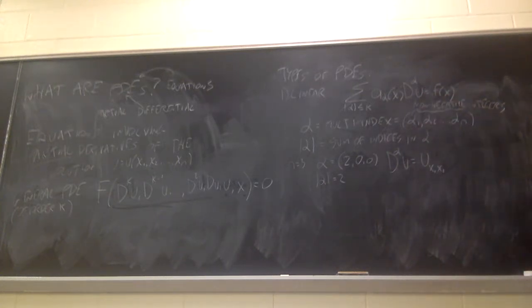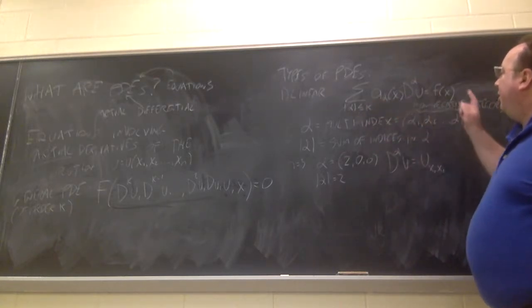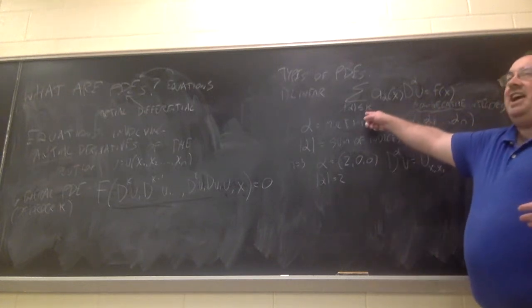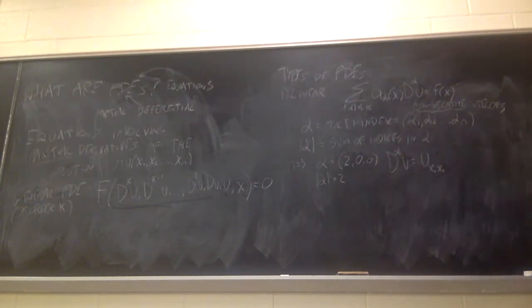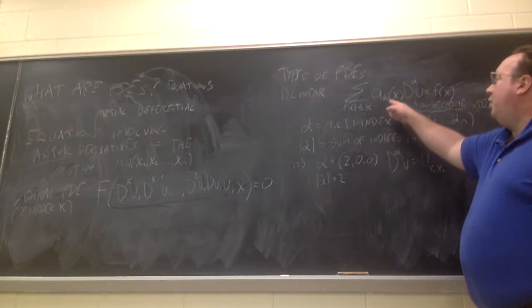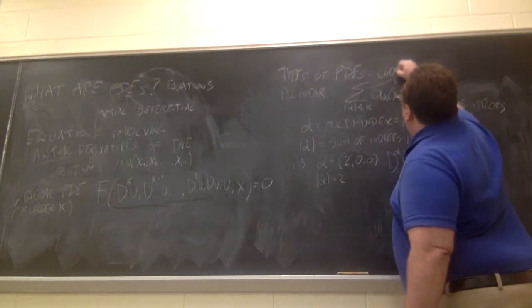So what we're doing is we're looking at a set of terms where you're taking partial derivatives of order up to k. So you can only differentiate at most k times. You take these partial derivatives, multiply them by coefficients, which are functions of only x. So these are your coefficients.